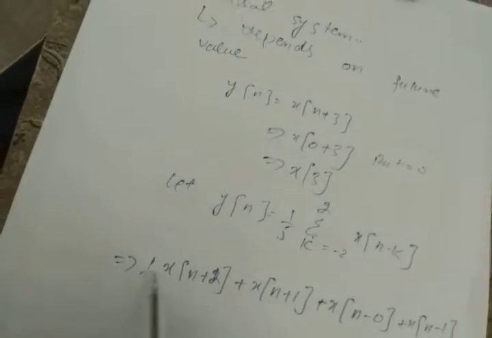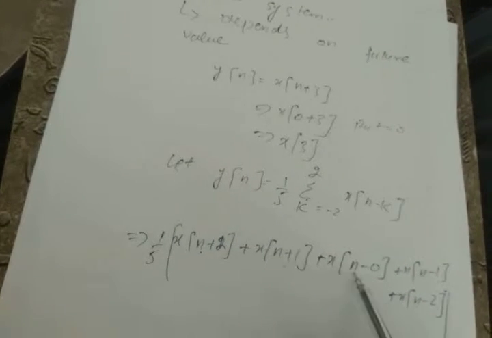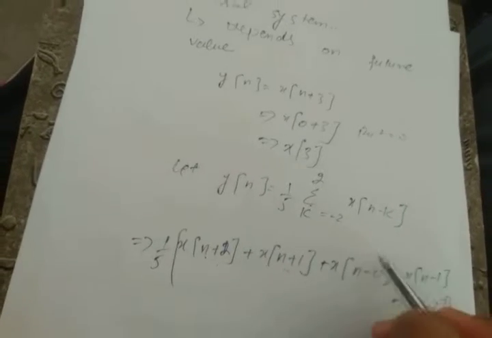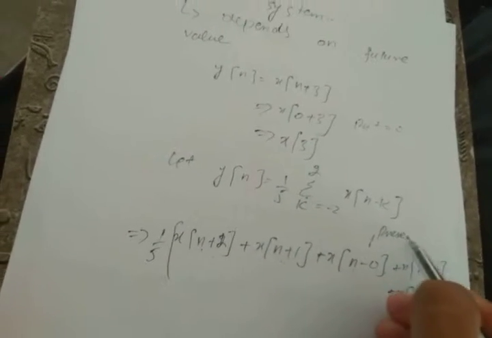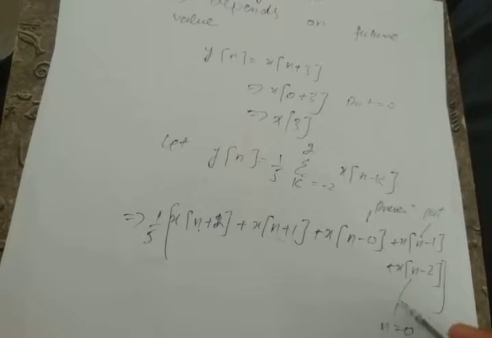Let's check: if we put n is equal to 0 here, this term gives a future value. Here x of 2 and x of 1 are future values. Here x of n minus 0 with n equal to 0 is the present value. If we put n equal to 0 here, this is the past value, and this also gives us the past value.